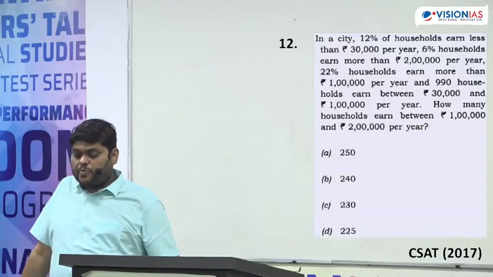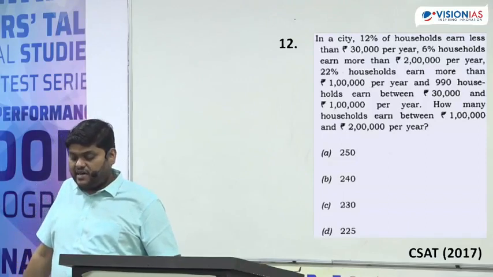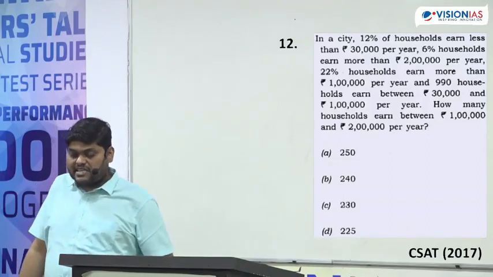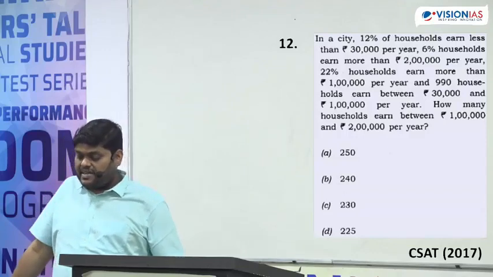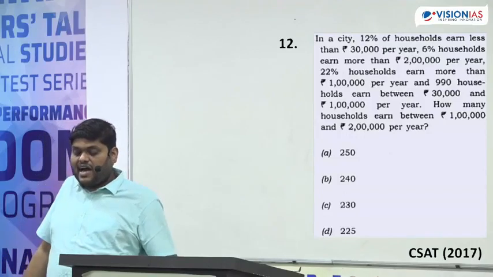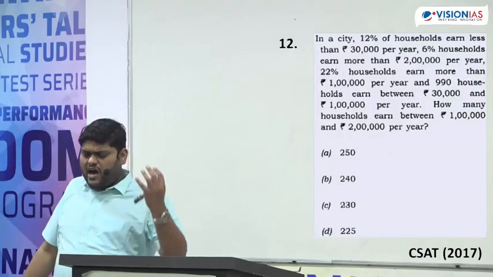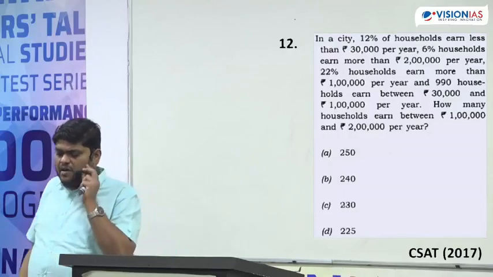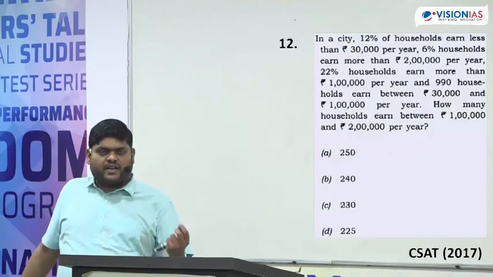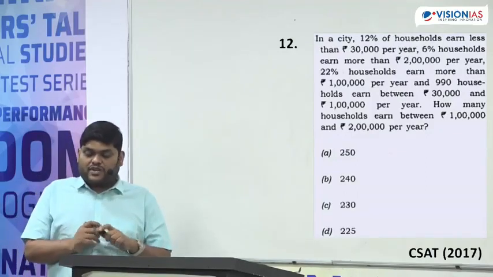And 22% of households earn more than 1 lakh per year, and 990 households earn between 30,000 and 1 lakh per year. How many households earn between 1 lakh and 2 lakh per year? So this is a bit confusing question. A long statement is given, but I told you whenever a statement is long, that means the problem will be simple. Okay. So we have to categorize.